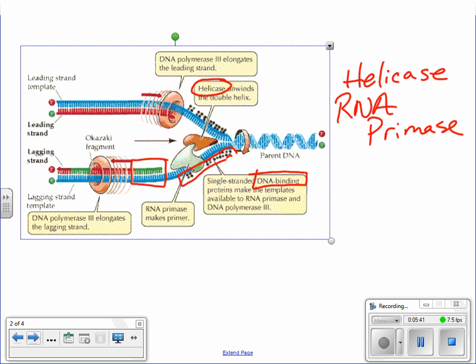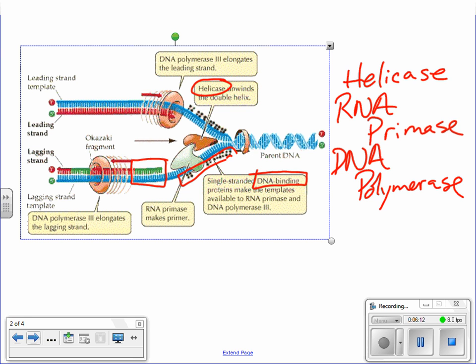DNA polymerase, which is the actual enzyme that copies the DNA, doesn't really know where to land, and it needs the help of RNA primase to know where to land and start copying. So RNA primase lands on whichever strand needs to be copied, lays down that primer, and then DNA polymerase can do its job. In this picture, it depicts DNA polymerase 3.